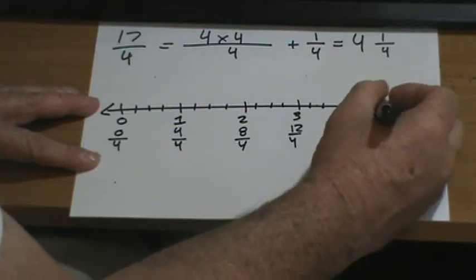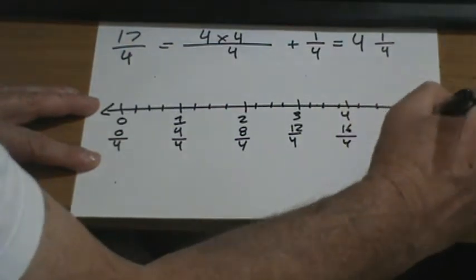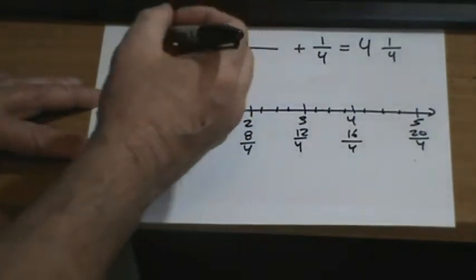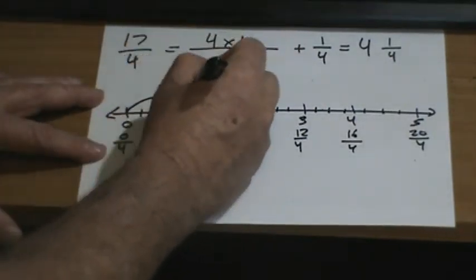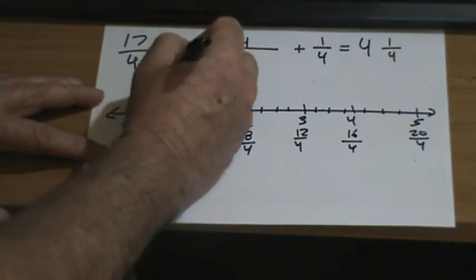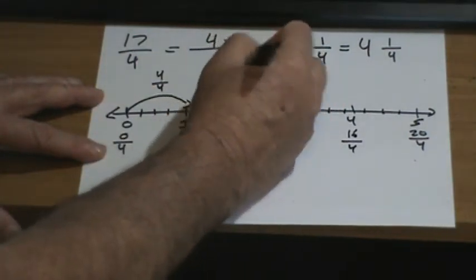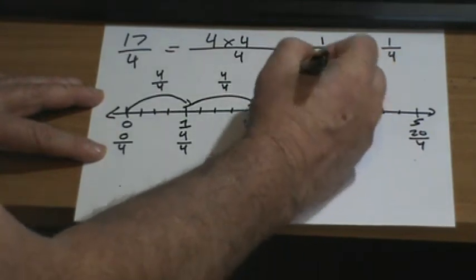And 17, 18, 19, 20 fourths equal 5. So let's just do the multiplication. 4 times 4 fourths. There's 1 times 4 fourths. 2 times 4 fourths, right? 3 times 4 fourths.